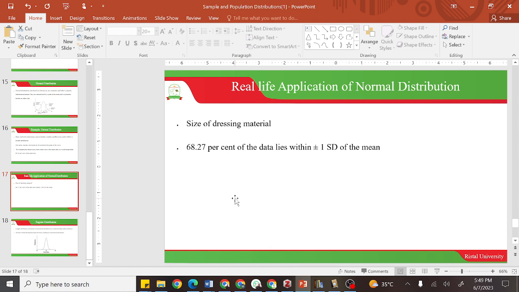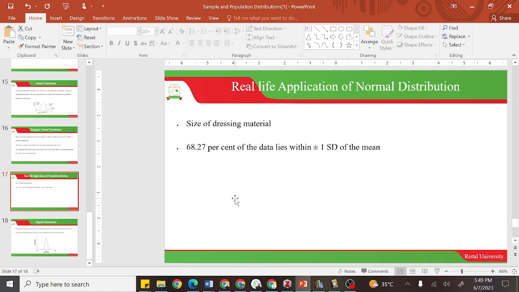We are interested in this because it can enable us to make predictions even in the things that we do in our practice. So for example, you are a hospital manager, and you want to purchase dressing material, but the dressing material comes in different sizes.